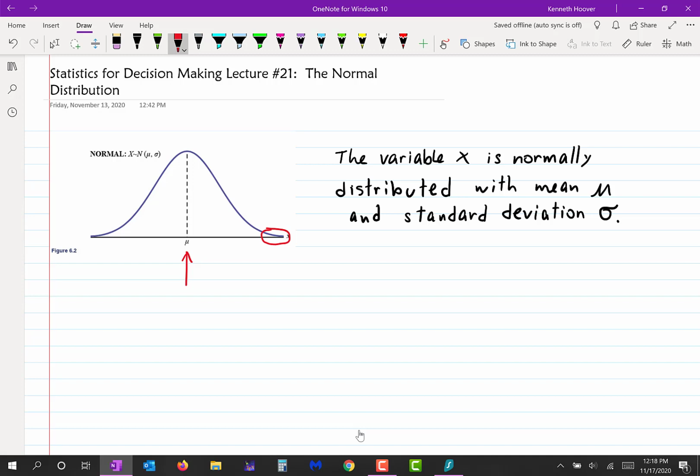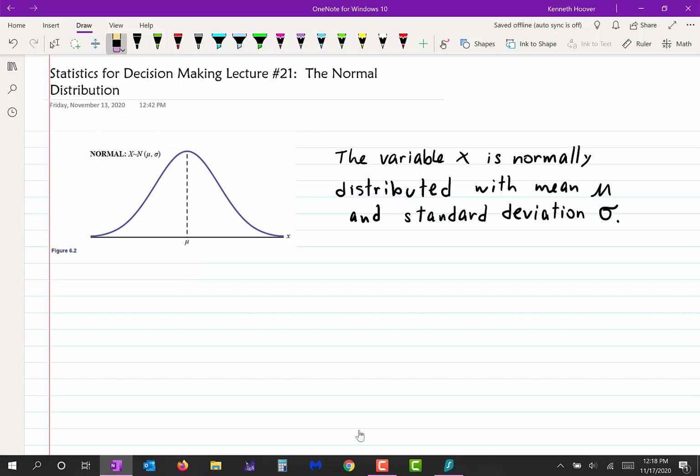And also very few people got terrible scores because the distribution of the scores is very low in that area. Okay? That's what a normal distribution is. And the average is right in the center of the bell curve, and then the bell curve drops off the further away you get from the average.